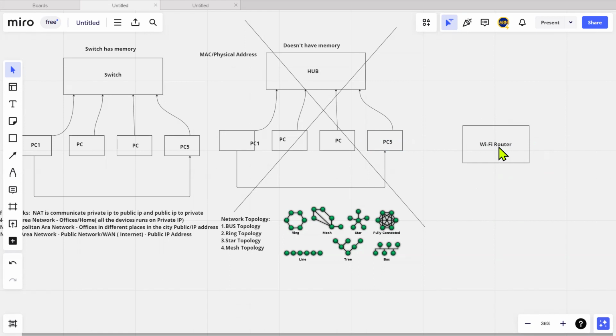This is the Wi-Fi router. Nowadays everyone knows what a Wi-Fi router is. This Wi-Fi router connects to the internet.